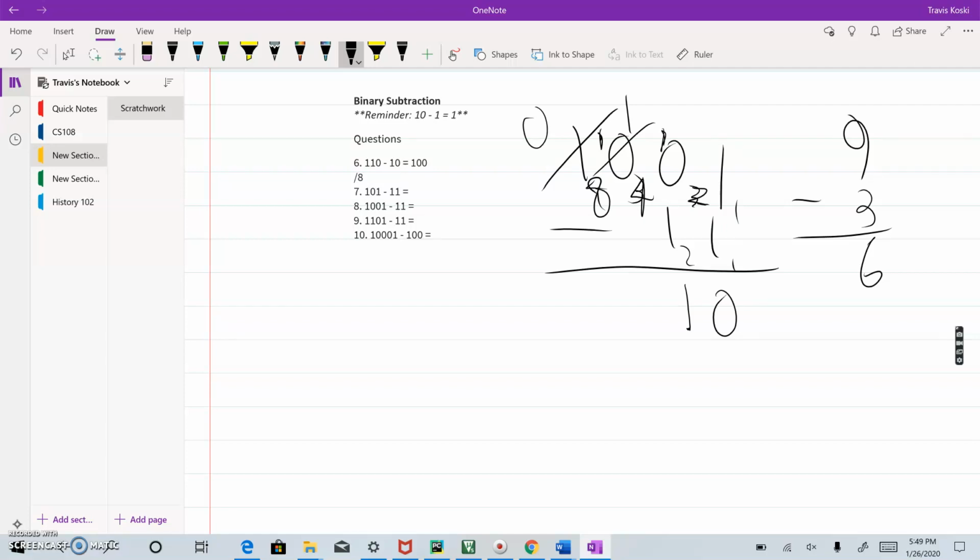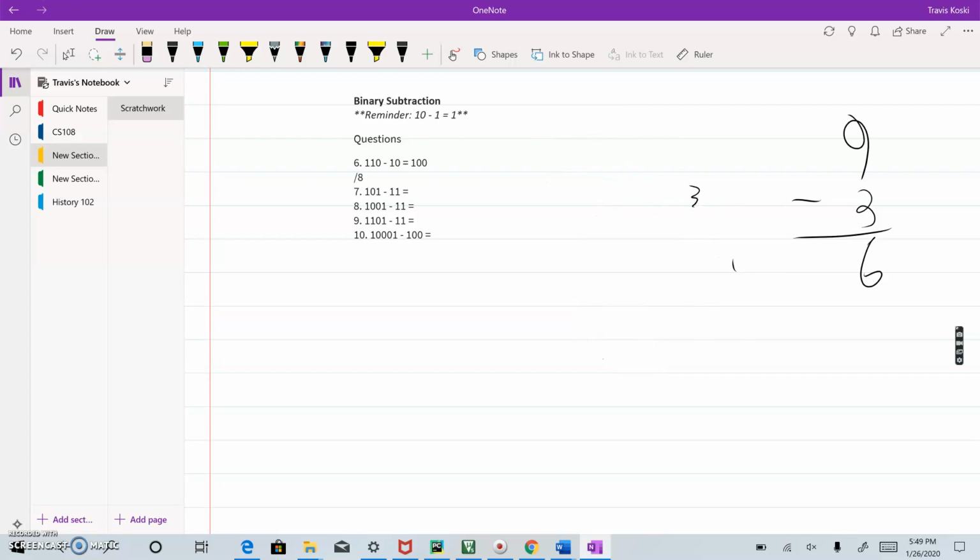So 1, 0 minus 1 equals 1. Now we have a 1 here. This one's also a 1. 0. So, 8's place, 4 place, 2 place, 1 place. This is a binary representation of 6. So that is how we do 9 minus 3 equals 6 in binary representation.